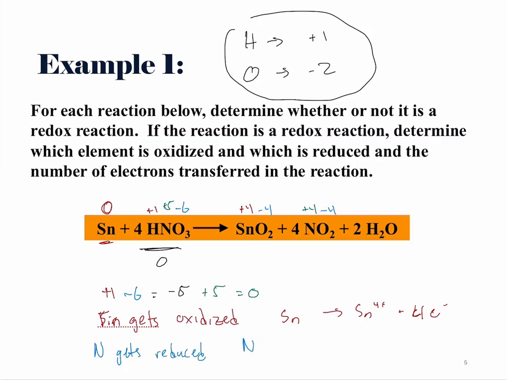It went from nitrogen 5+ to nitrogen 4+ plus an electron. Now we wouldn't write the half reaction like that because that's not actually the molecule that is getting reduced, right? But we see it in the nitrogen in that molecule. The actual half reaction would be that we would get HNO3 goes to NO2 plus an electron. And to get the two, it's going to be on the reactant side.